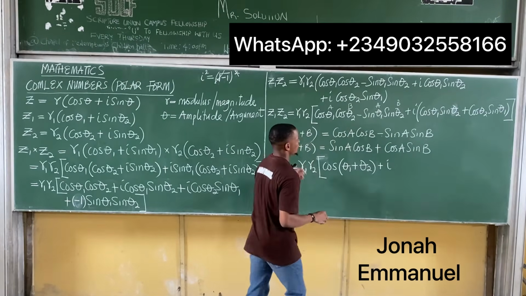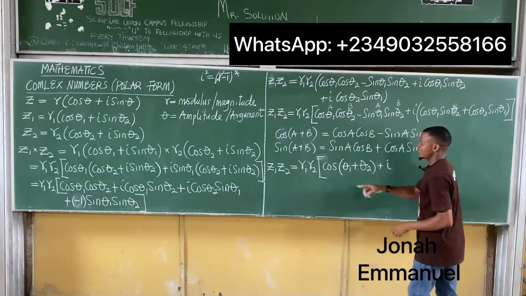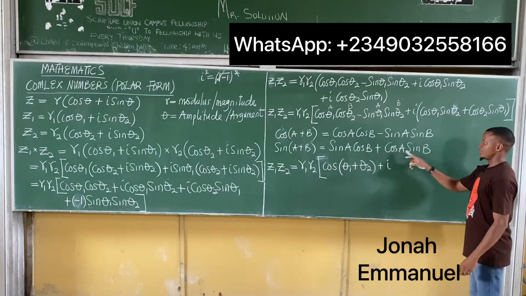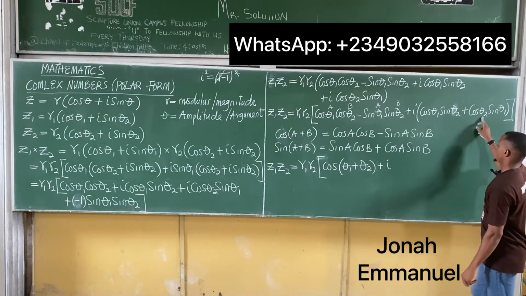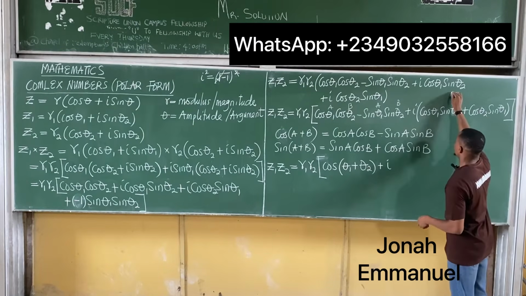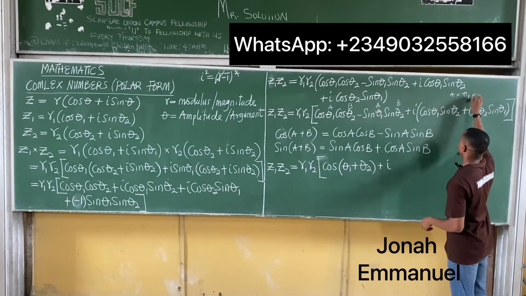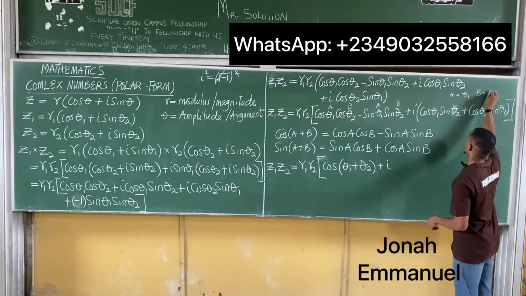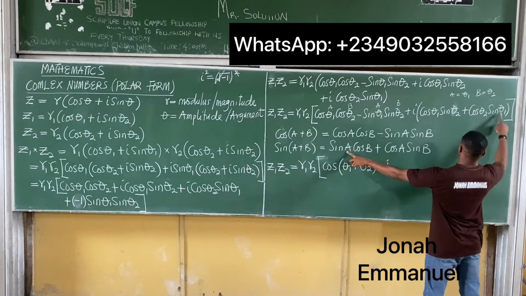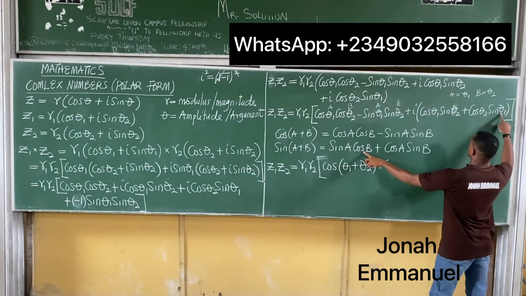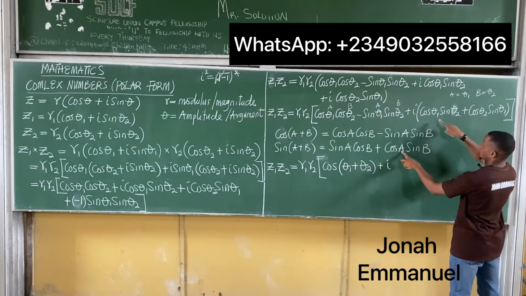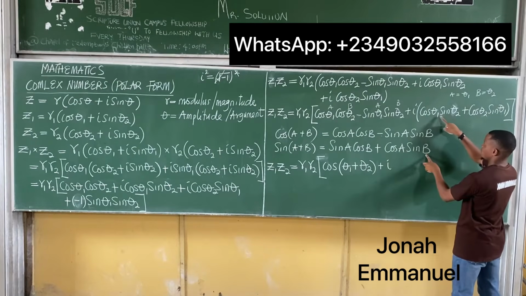Similarly for this one here, if you observe this, I have that sine A plus B is equal to sine A cos B plus cos A sine B. That's the same thing as this one here. As you can see this, let's call A to be equal to theta 1 and B to be equal to theta 2. So that would be sine theta 1, which is this, cos theta 2, which is this, plus cos theta 1, which is this, sine theta 2, which is this.